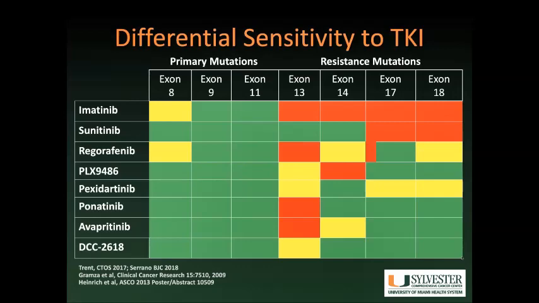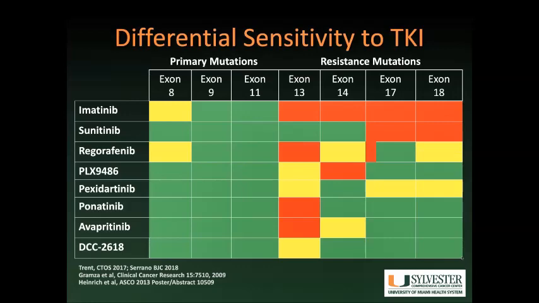On the table, you'll see in the first column, Imatinib, Sunitinib, Regorafenib listed down the side. And then the first 3 columns after that are the primary mutations, which are largely in exon 9 and 11. And then farther out to the right, you'll see the resistance mutations in 13, 14, 17, 18.